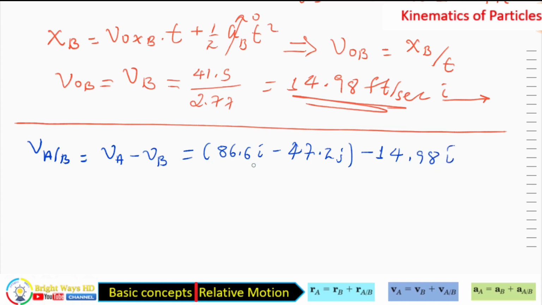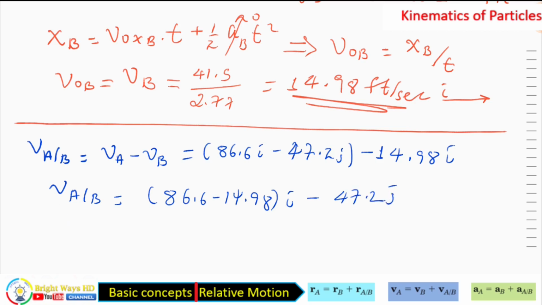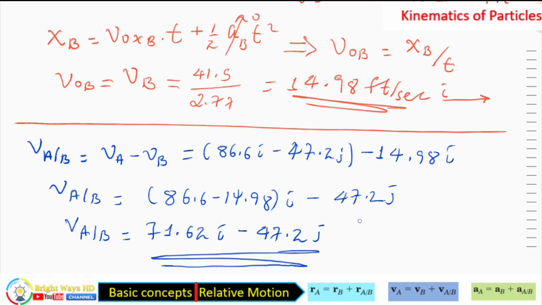Now we have two i components, so the velocity of A with respect to B will become 86.6 minus 14.98 in the i minus 47.2 in the j. So finally, the velocity of A with respect to B will become 71.62 in the i minus 47.2 in the j, and its unit is feet per second. This is our answer.